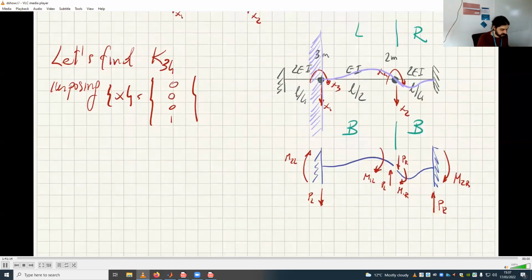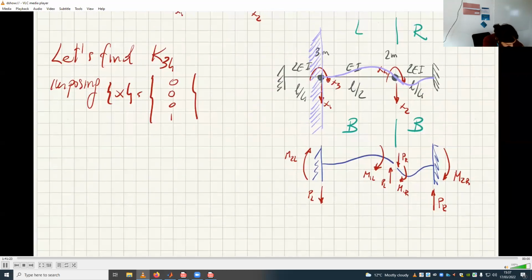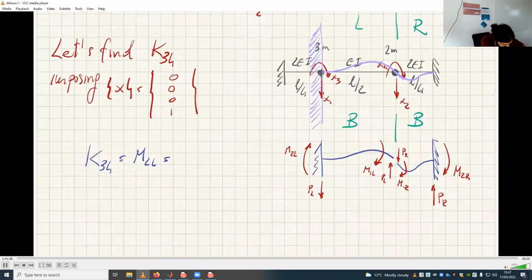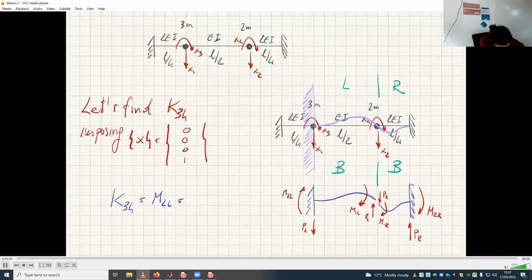So we are interested in K34, which is this one, but X3 is exactly M2L. So I argue that K34 is M2L, which is equal to, you check the table, M2L is 2EI over L. So we have 2EI over L divided by 2.